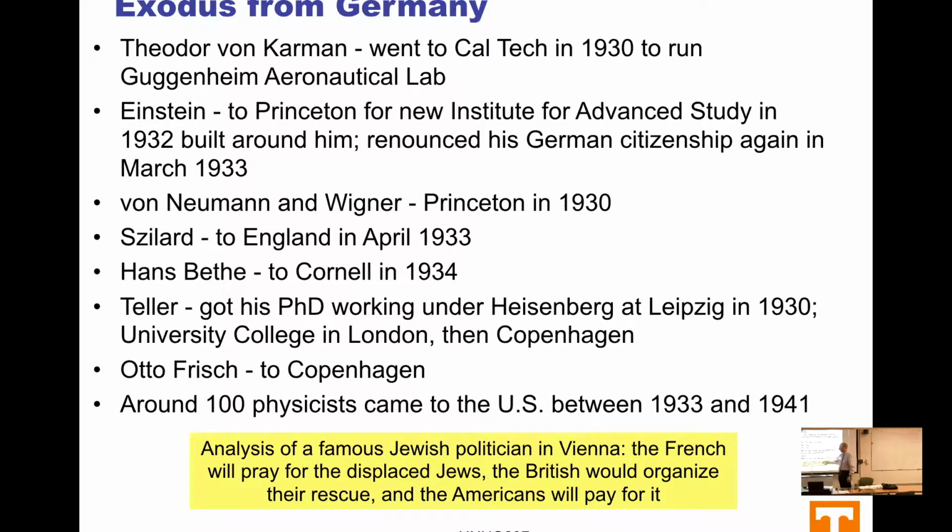Somebody, a famous Jewish politician, said that the French will pray for the displaced Jews, the British will organize their rescue, and the Americans will pay for it. So that's pretty much what happened. The recession had ended, and so there was money to bring a lot of these excellent scientists to the US, which then had great impact on the Manhattan Project. Huge impact to enable us to succeed in the Manhattan Project.